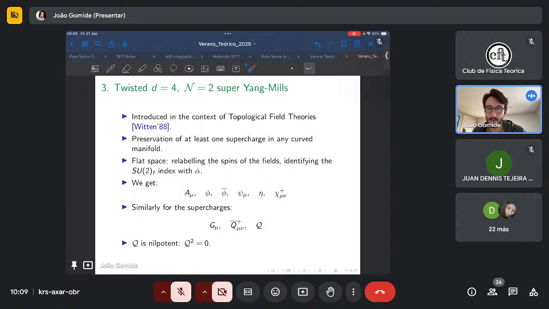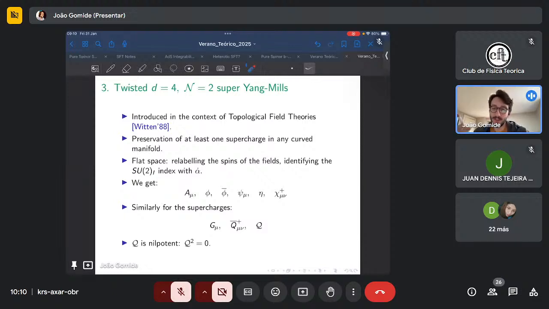This usually imposes some conditions on what type of spacetime geometry you can have. But if you start with the D equals 4, N equals 2 super Yang-Mills that we had in the beginning, and you do this thing called the topological twist, which basically means you reshuffle or relabel the spin indices, you can have a theory which has at least one supersymmetry preserved on any manifold.